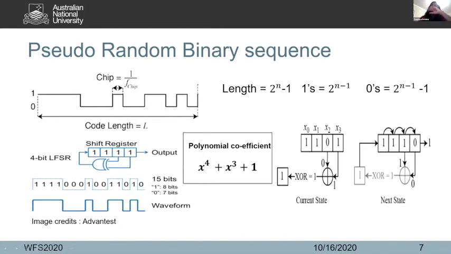So I'll be taking the output from x power 3 and x power 4. The XOR operation is performed, and it is fed to the last bit, and the first output will be the first bit, and this process repeats 15 times for the 15-bit operation, and it goes higher if you're going for a higher value of n.